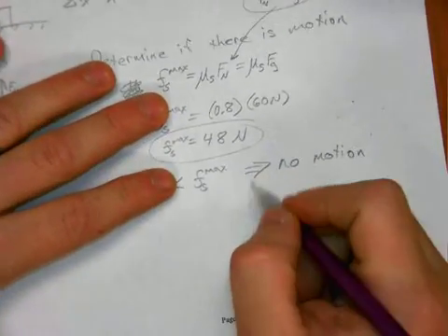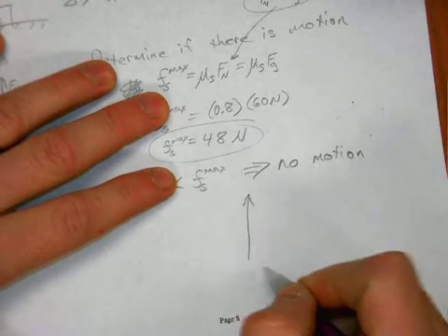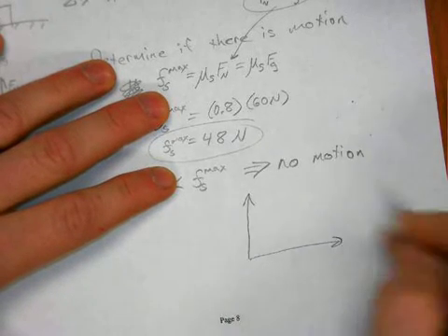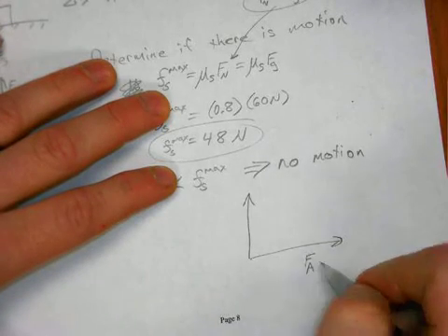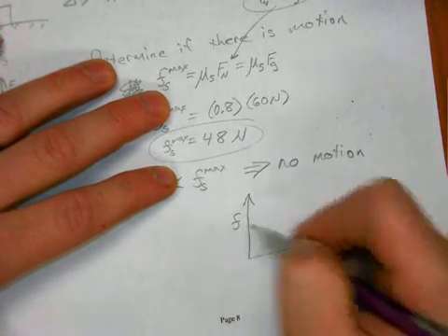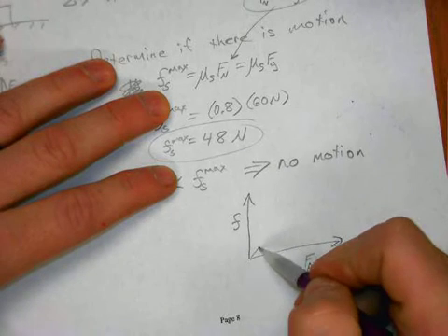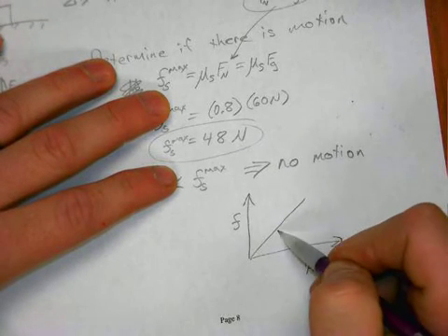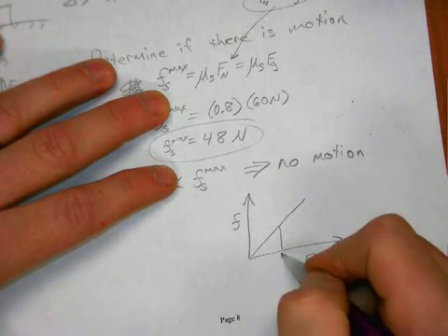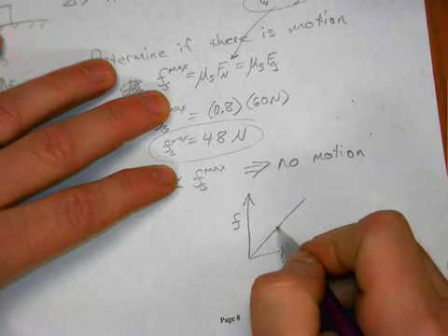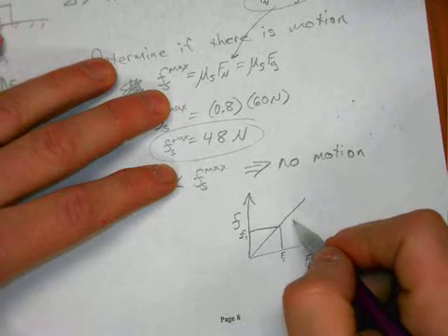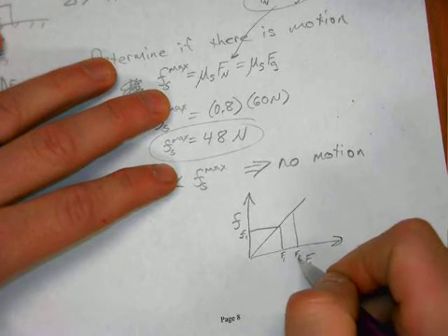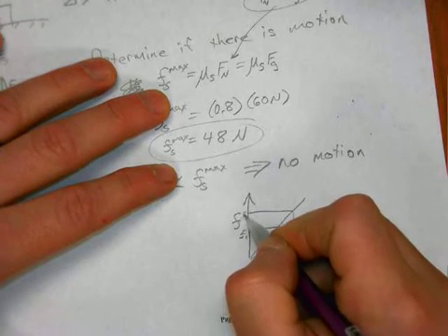If you remember that really important graph we went over in the lecture, we have force applied on one side and the force of friction on the other. For a while there, it is linear. So some force 1 is going to create friction force 1. They're going to be equal in magnitude. Force 2 is going to create an equal force 2.